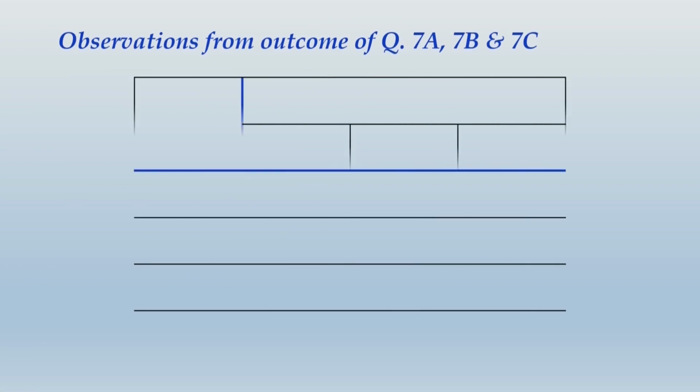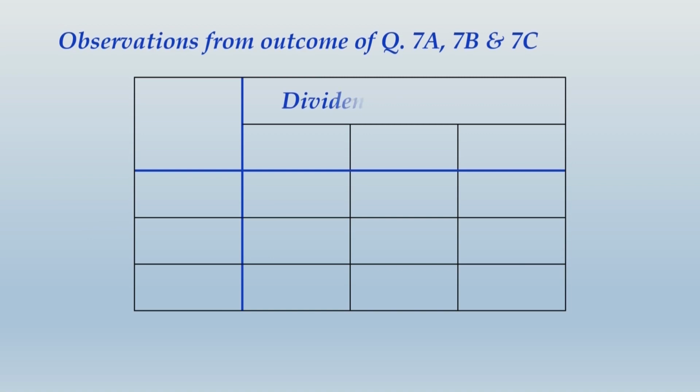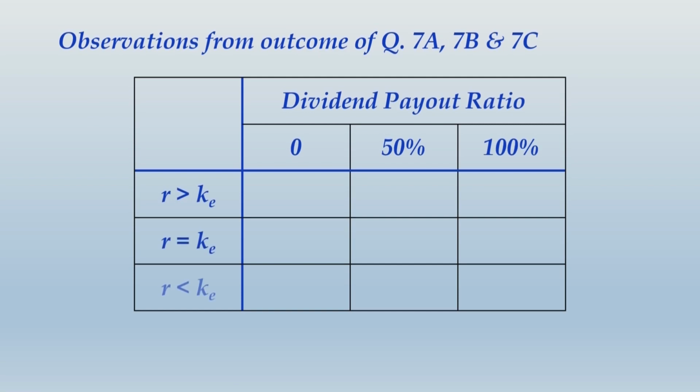Let us move ahead, and now what we do is we summarize the observations from the outcomes of question 7a, 7b and 7c. Please carefully take note of this table, because here we have three different columns representing dividend payout ratio as 0, 50% and 100%, and in 7a, 7b and 7c the three situations that we have observed are R greater than KE, R equal to KE and R less than KE.